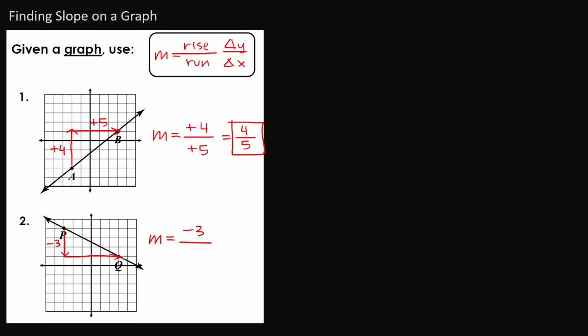And I'm moving to the right, so this is a +6 change. My run is +6. If I reduce this fraction, -3 divided by +6, that would be -1/2. So my slope is -1/2. For additional practice on calculating the slope given a graph, try out problems 3 and 4.